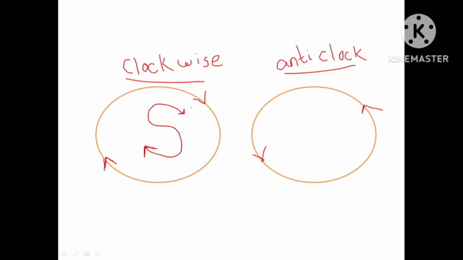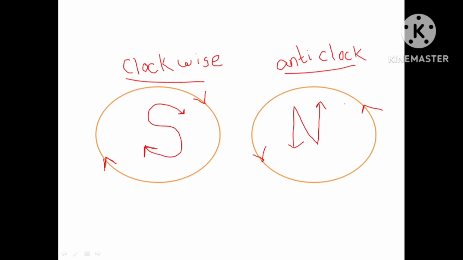If the current is flowing in the clockwise direction, then that side will be the south pole of the electromagnet, and the side where the current is flowing anti-clockwise will be known as the north pole of the electromagnet.